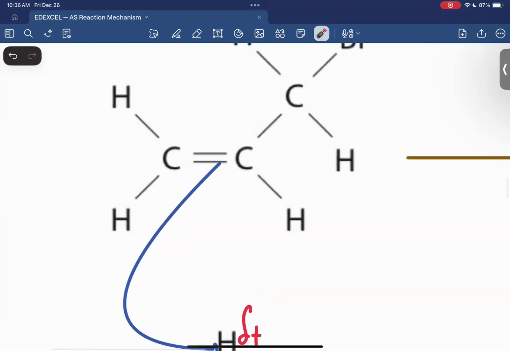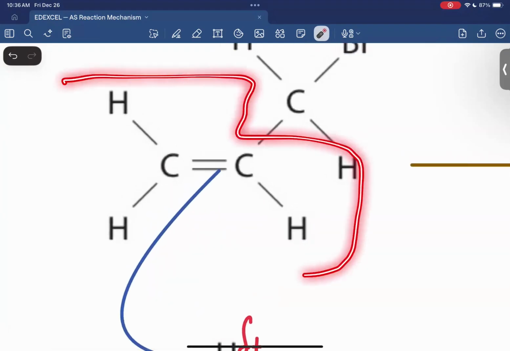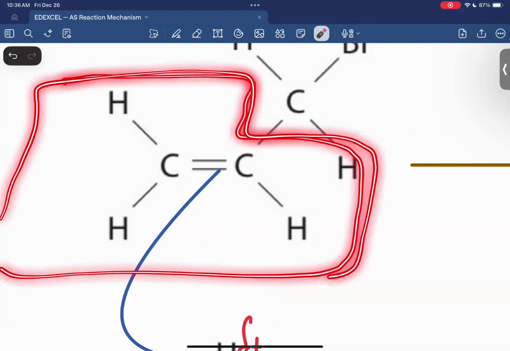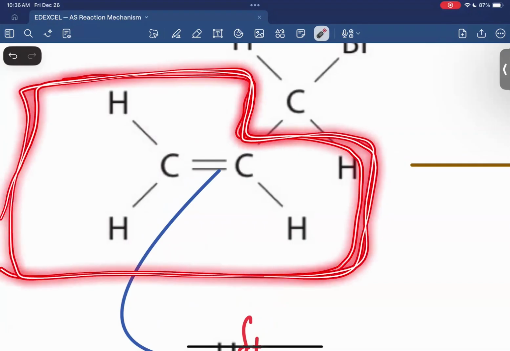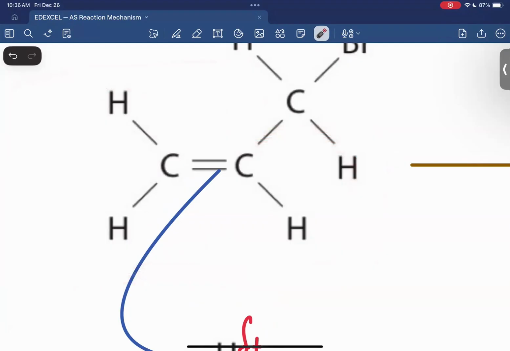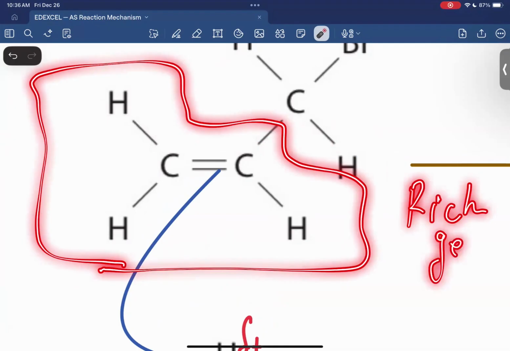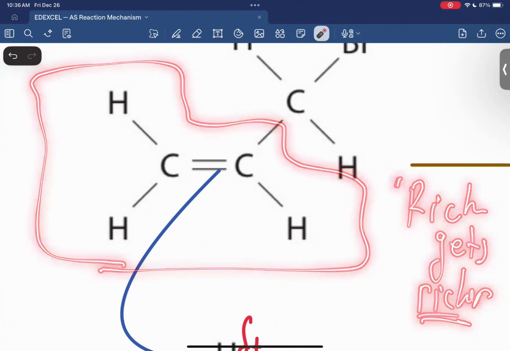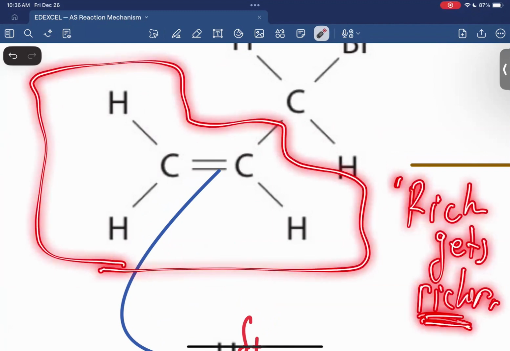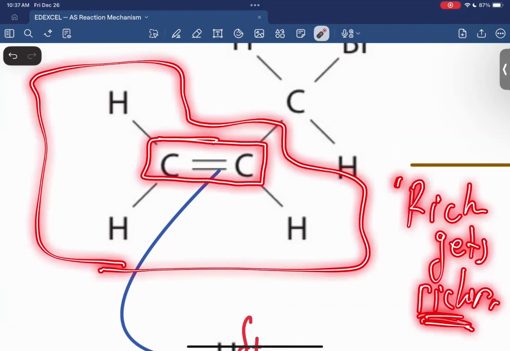Now, check something. In this type of electrophilic addition, keep this analogy in your mind: rich gets richer. Now, around this carbon-carbon double bond, which carbon has more hydrogen?